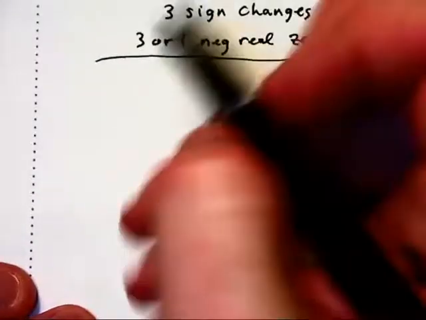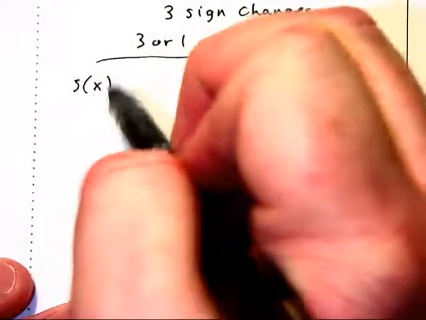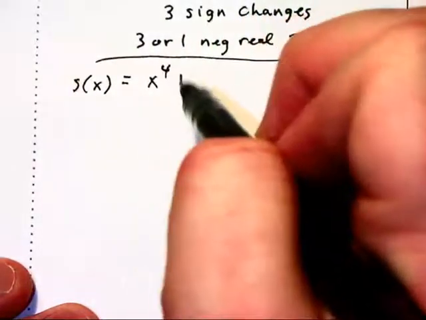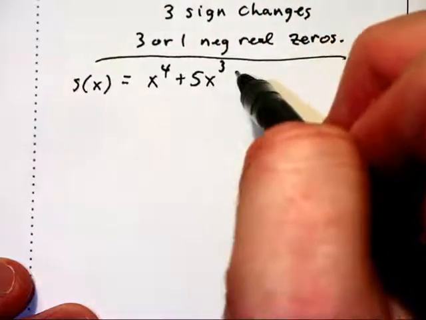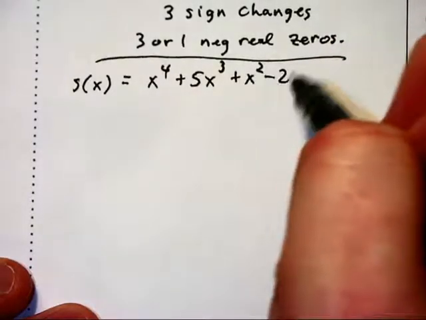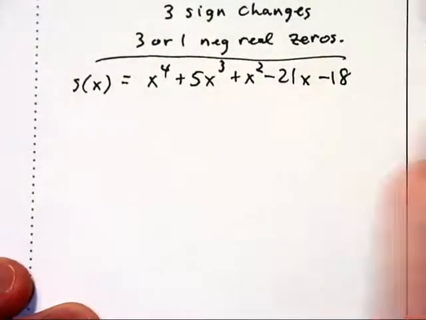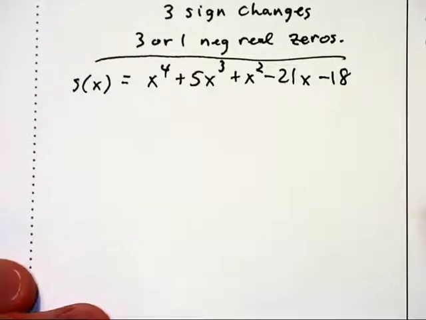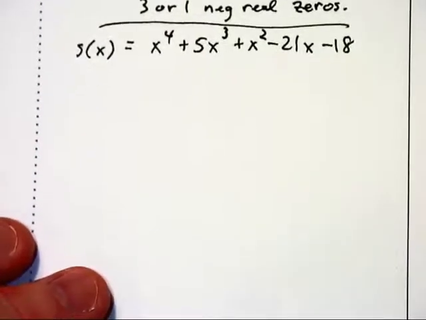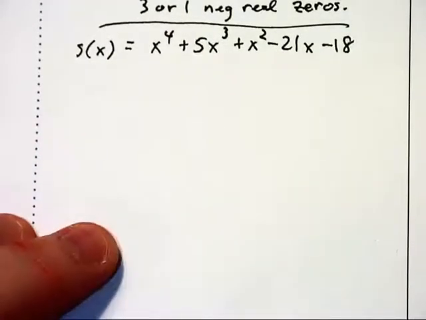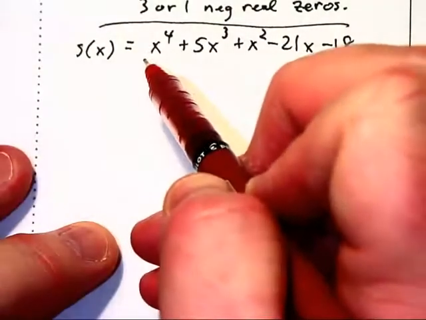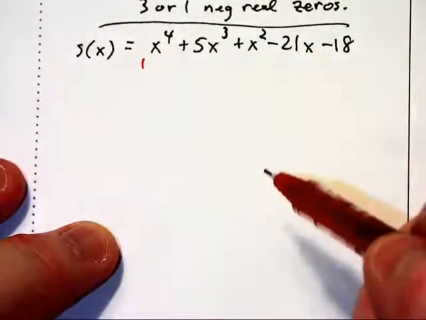Now let's look at our function again. We've got s of x equals x to the fourth plus 5x cubed plus x squared minus 21x minus 18. The rational zero theorem helps us to identify what those zeros might be. The leading coefficient is 1 and only has a factor of 1.